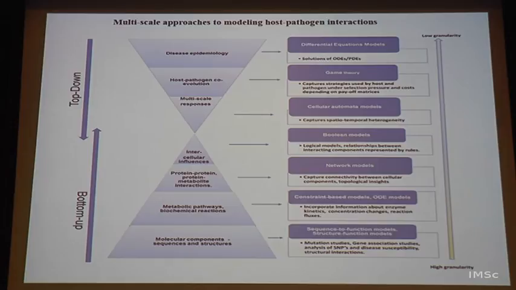So, let us begin with the bottom up approach. You start with the molecular components, and what data do we have for the molecular components? We obviously have the genome sequence that is available to us because that is there now for many different types of pathogens.